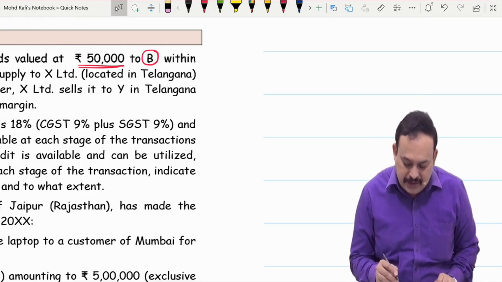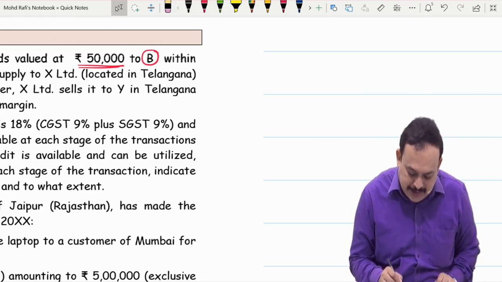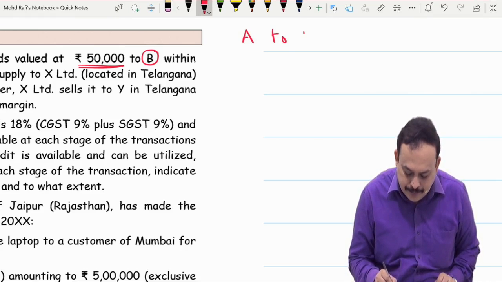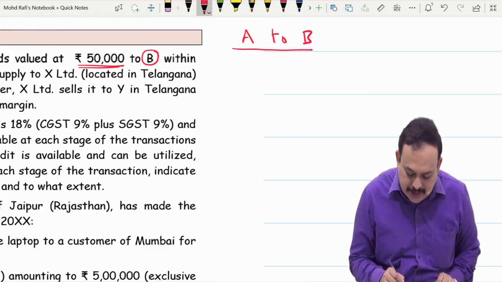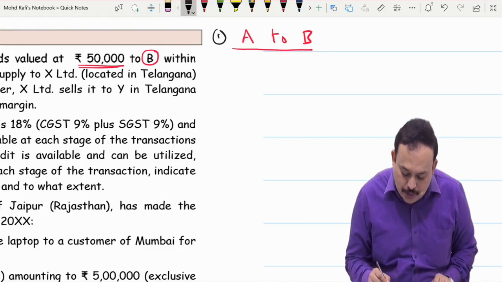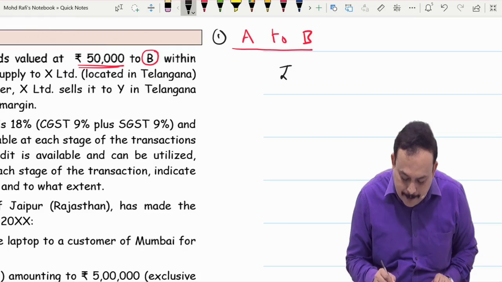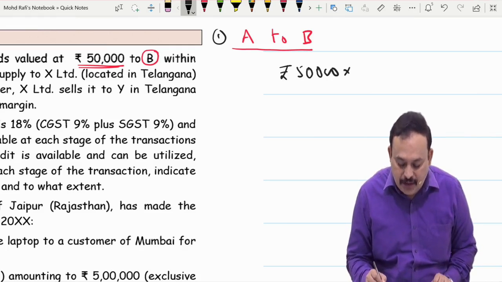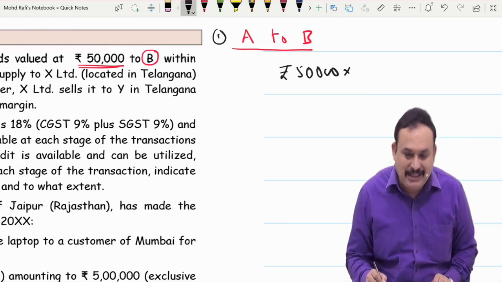First case. Case 1, A to B, is the first case. In that given case, what rupees, how much, my dear? 50,000. On which GST? Intrastate supply.